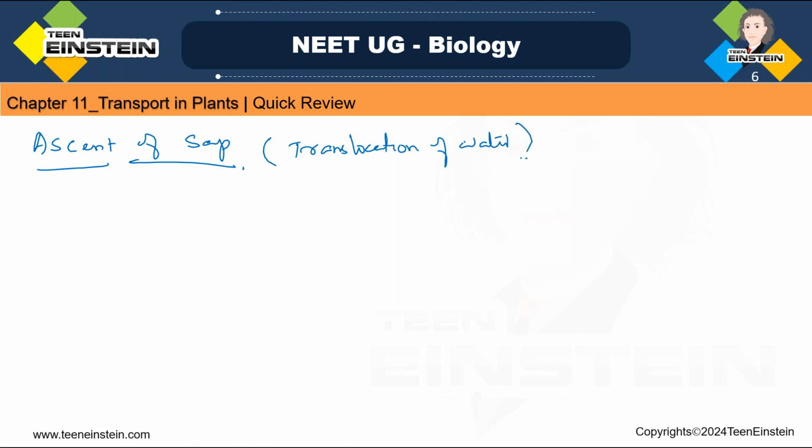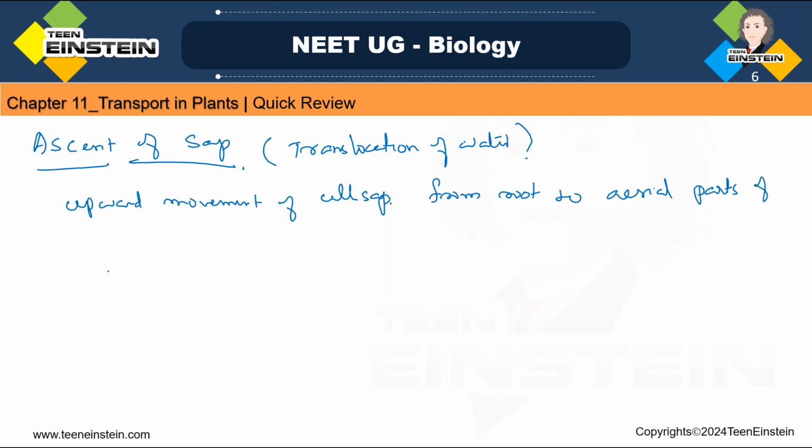See, ascent of sap means the upward movement of cell sap, from roots to aerial parts of plant.